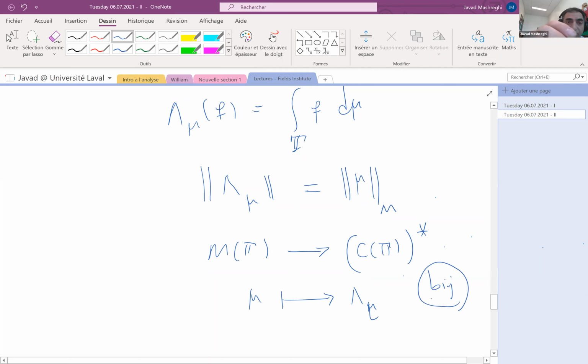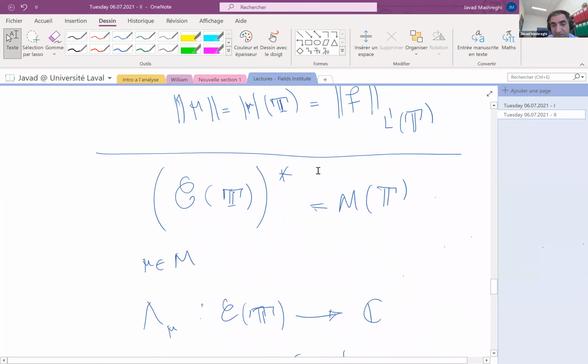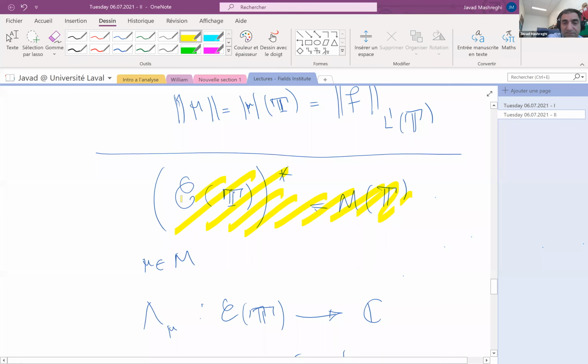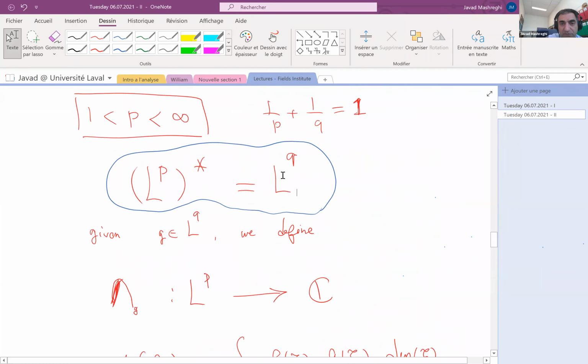So again, as before, we have an isometric pairing between C of T star, the dual of C of T, and M of T. This one I need, and also this one I need in coming lectures.